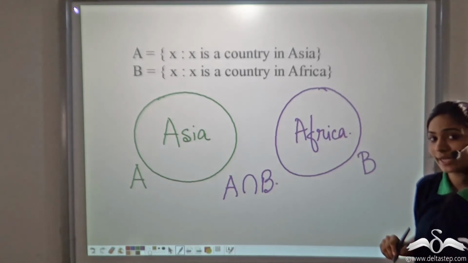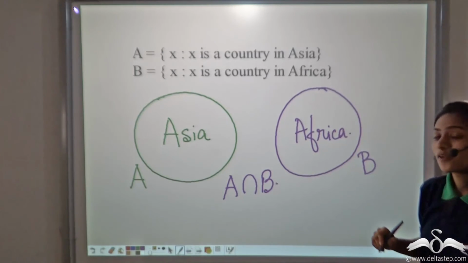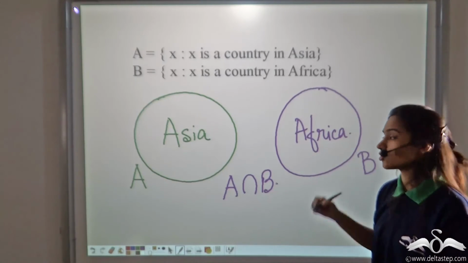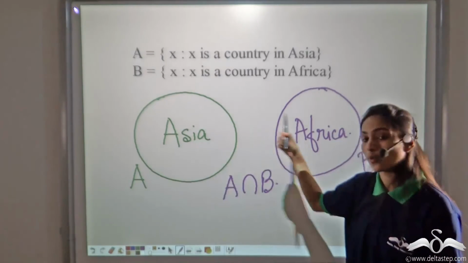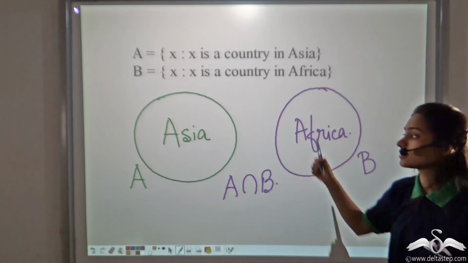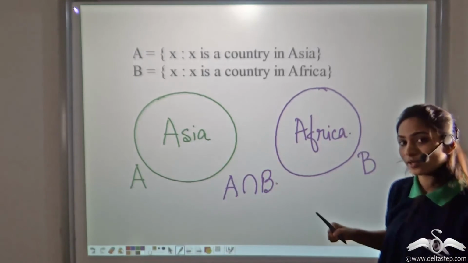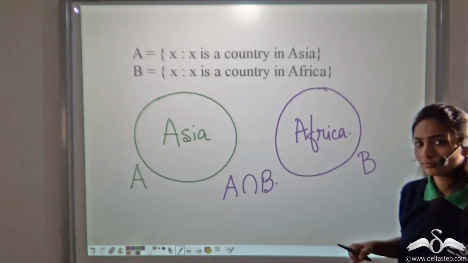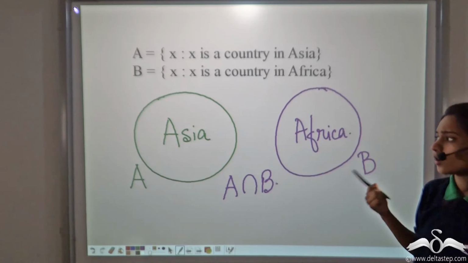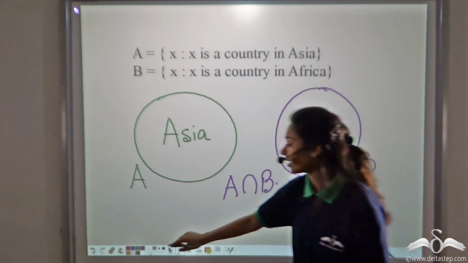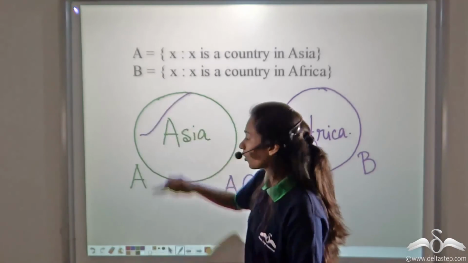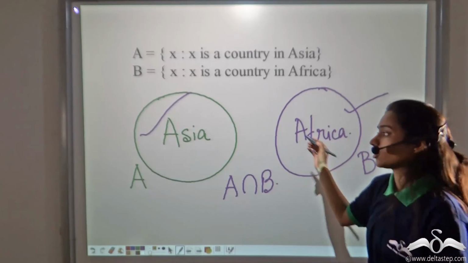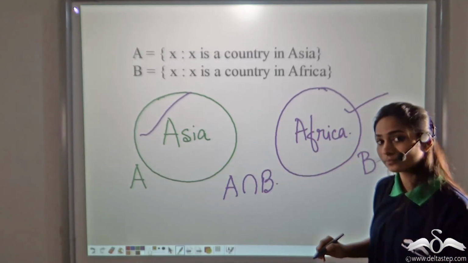What do we do when we find out intersection? Whenever we find intersection, we check which are the elements that are present in both set A and set B. That is, that belong to both Asia and Africa. So which is the country that belongs to both Asia and Africa? Now you may think, how is that possible? Asia is completely a different continent and Africa is completely a different continent. They do not have any countries in common.